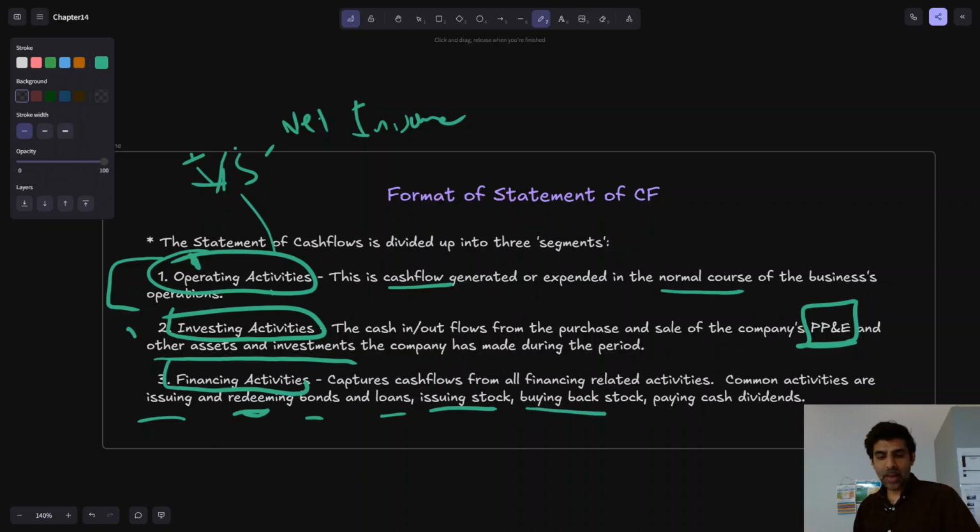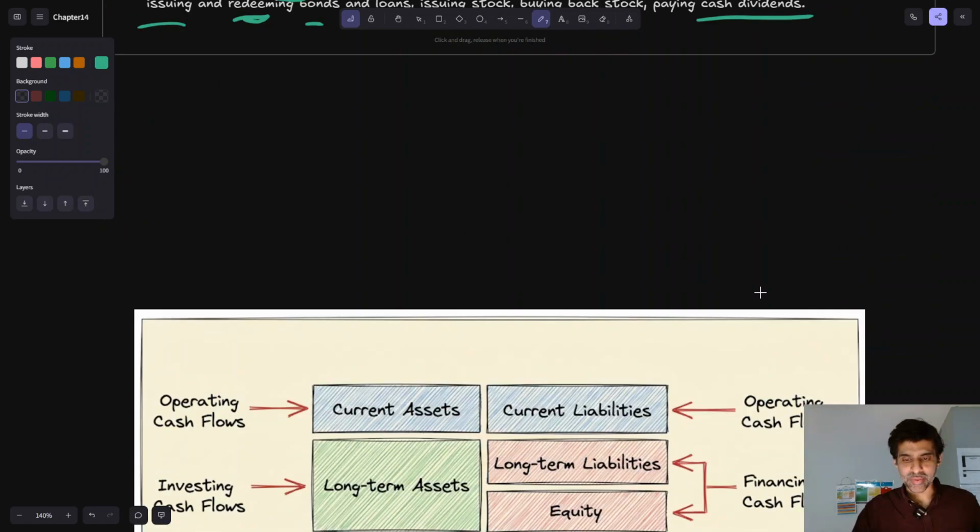Issuing stock, buying back stock, paying cash dividends, that's all going to be included in financing activities. Okay. Does this make sense? Is it logical, common sense, how we're dividing this up? Any questions? Okay, I think it is pretty common sense.